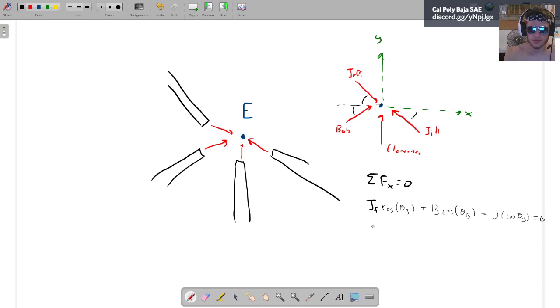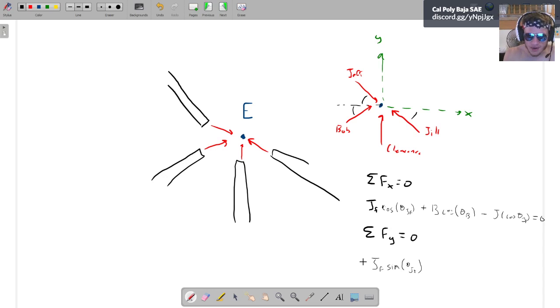Now we'll do sum of the forces in Y equals 0. So this is going to be Jeff times the sine of angle Jeff. Suppose I should put an F on there. Jill. I shouldn't have named these people names. I should have named these easier names to spell out.